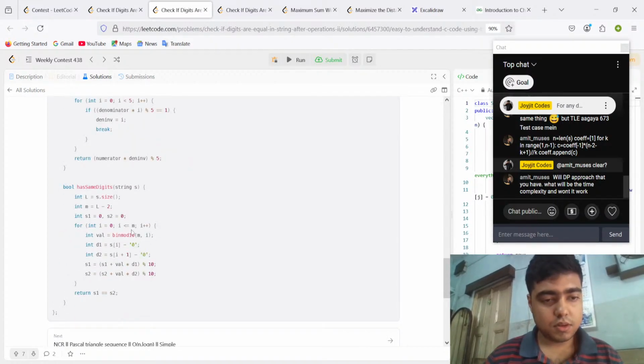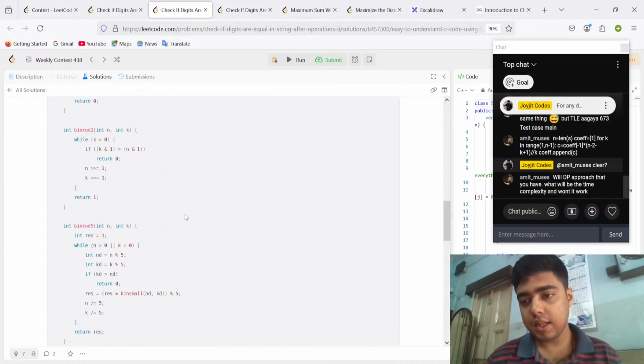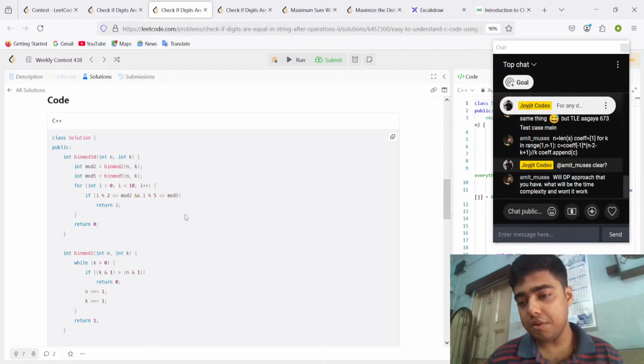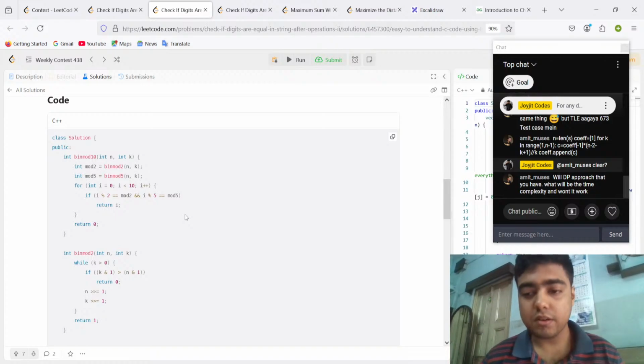Okay, so bin mod m comma i, he's just taking the n comma k, so he is not even doing the DP also, because you can do it with an even better approach.